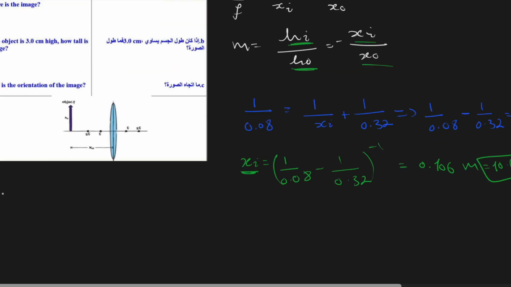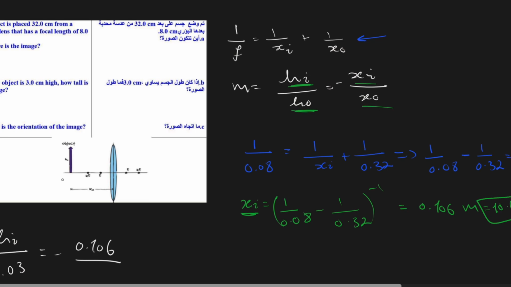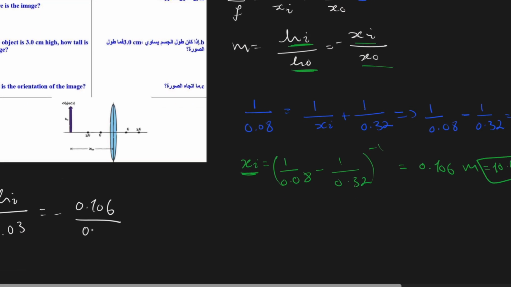So for the second part, where we'll solve for hi, we know ho, it's 3 centimeters, so 0.03. It's equal to negative xi. What is xi? We just solved it. It's 10.6 centimeters, or 0.106, divided by xo, which is 0.32, the distance of the object.